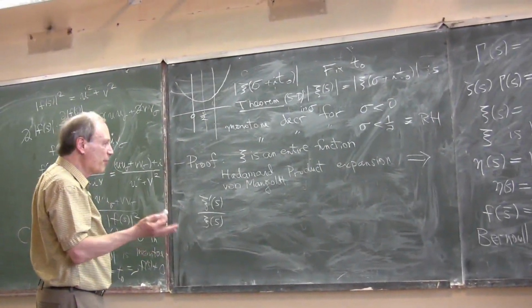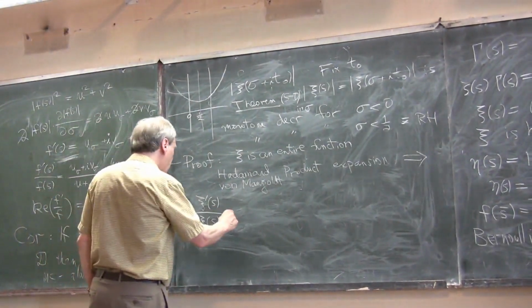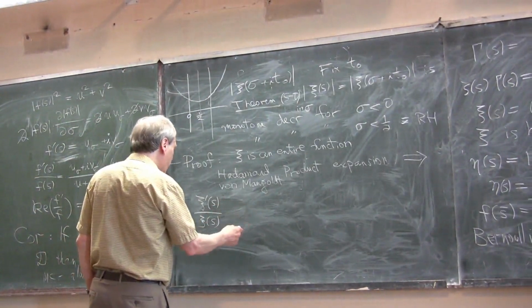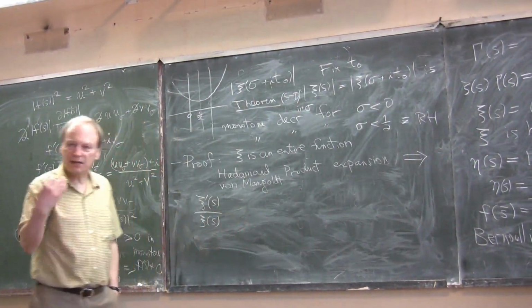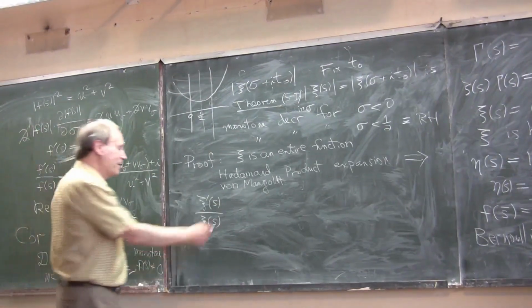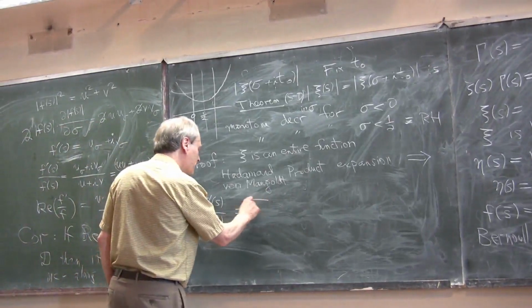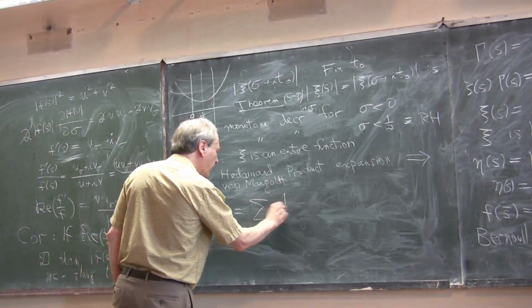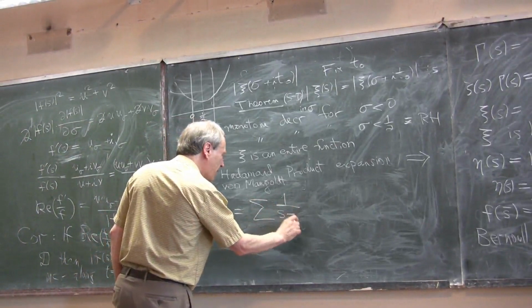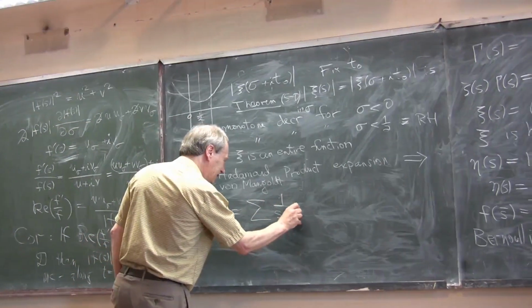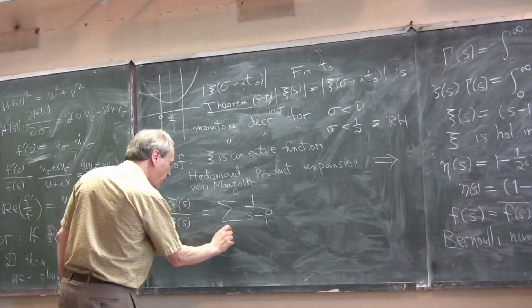And the Weierstrass product expansion is in terms of the zeros of the function. We take the logarithmic derivative of that product and you get a sum. And the sum is extremely simple. It's just the summation of 1 over s minus rho. What is rho?